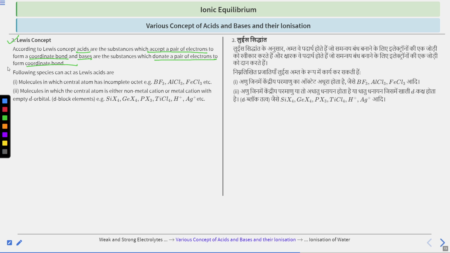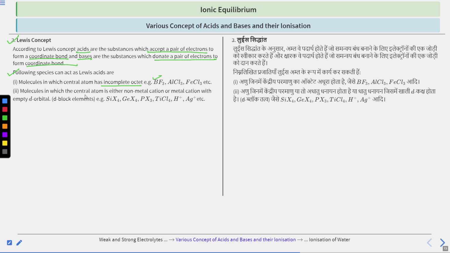The following species can act as Lewis acids. First, molecules in which the central atom has an incomplete octet, for example BF3, AlCl3, FeCl3, etc. So in these molecules, the central atom has an incomplete octet, but they act as Lewis acids.